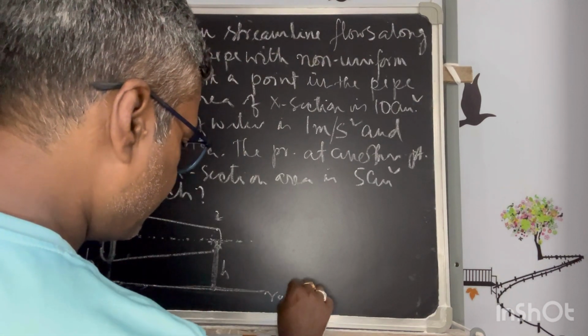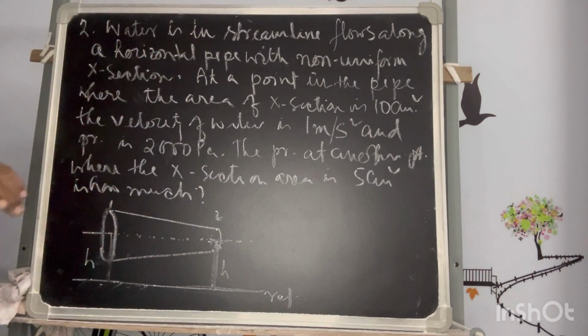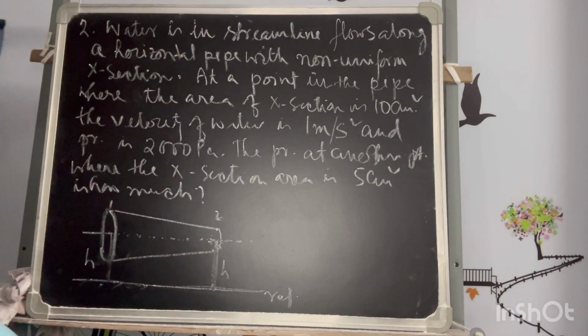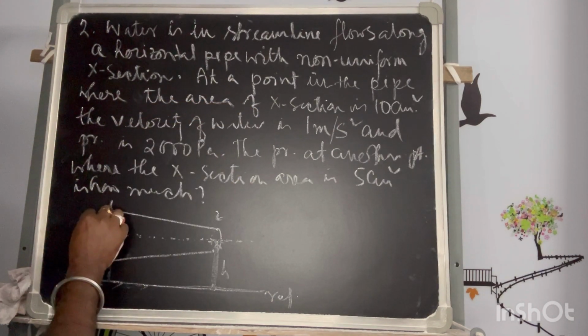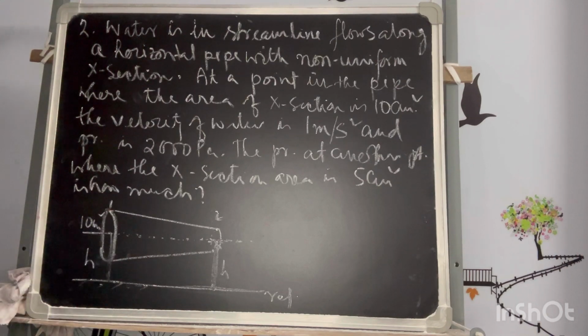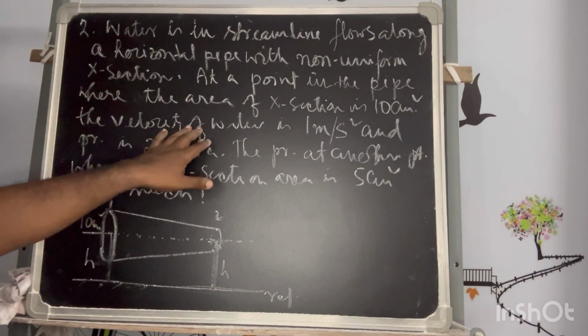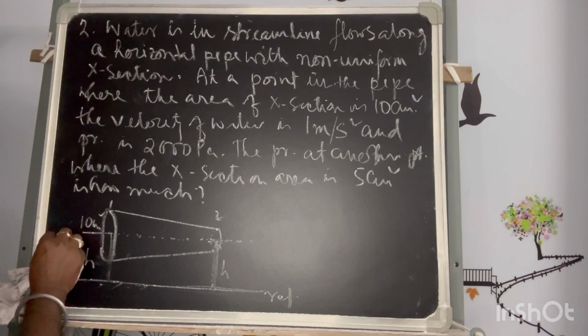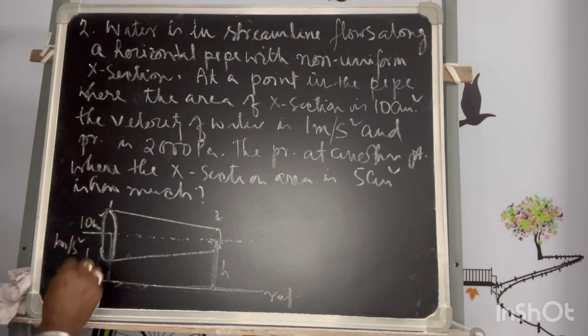This is your reference frame, so the height is the same at a point in the pipe where the area of cross section is 10, let's say 10 centimeters square. The velocity of water here is 1 meter per second.